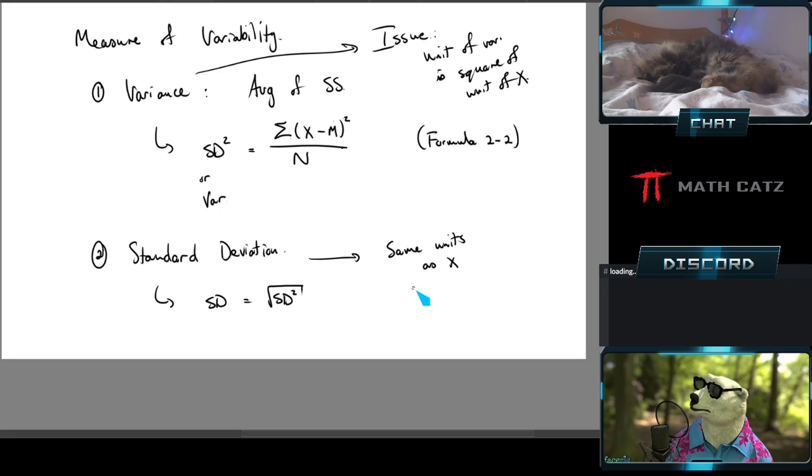But we'll soon find out that the standard deviation having the same units as x is just much more easier to use in a future calculation. It's clumsy and confusing when the measure of variability doesn't have the same units as the mean and the scores itself.